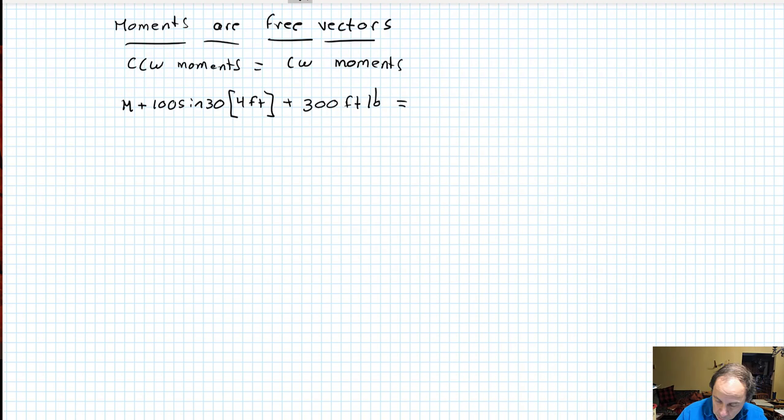That's going to equal 200 pounds times 2 feet plus 100 cosine 30, that's the force, acting at 2 feet.